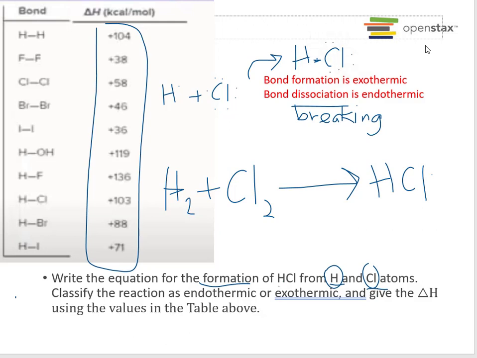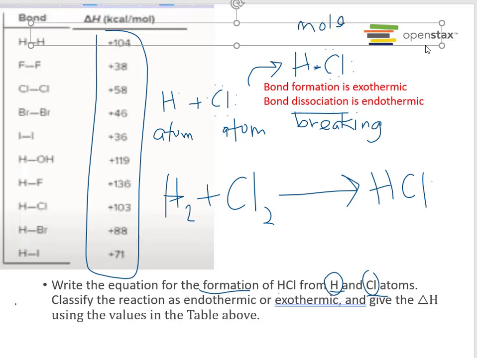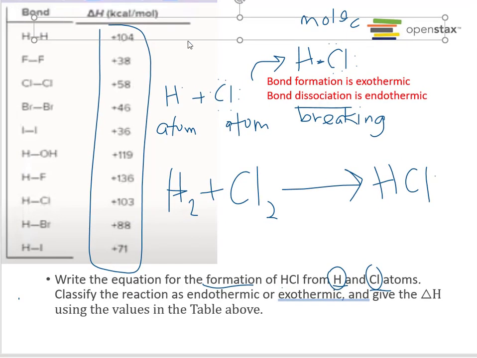So we can see here that I have a hydrogen atom, a chlorine atom, and a hydrogen chloride molecule. Jeez, this writing is terrible.